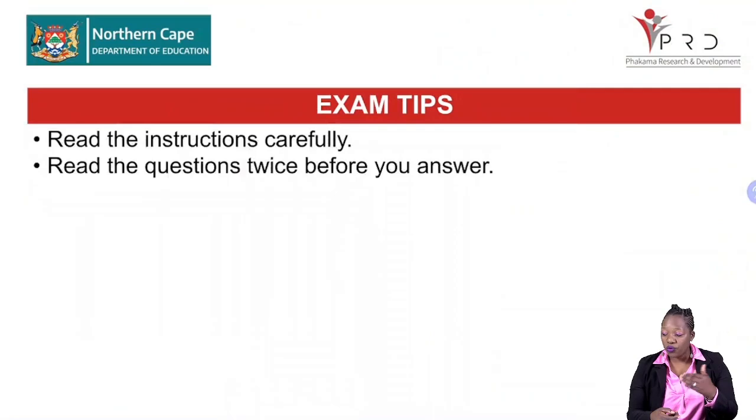So you need to read all of those so that you ascertain yourself what you should ask. And also they remind you in terms of your question 3 that you must make sure that for your calculation, you write all the steps and also your units, as well as the measurement.